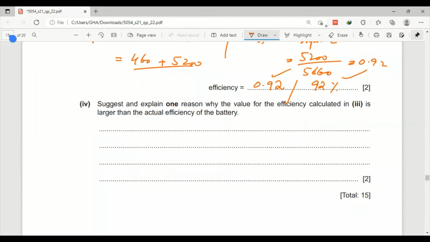State and explain one reason why the value of the efficiency calculated is larger than the actual efficiency of the battery. The value calculated in part 3 is larger than the actual, meaning this answer is bigger than actual.